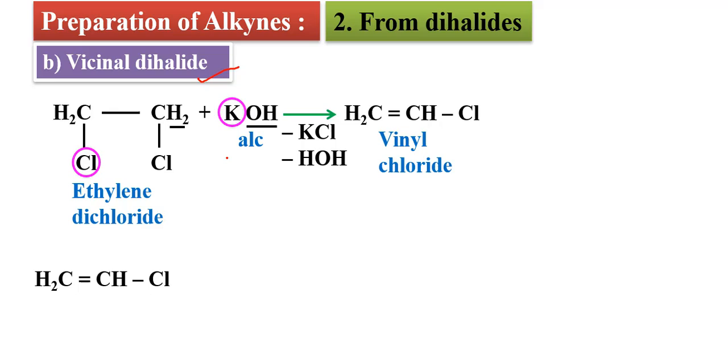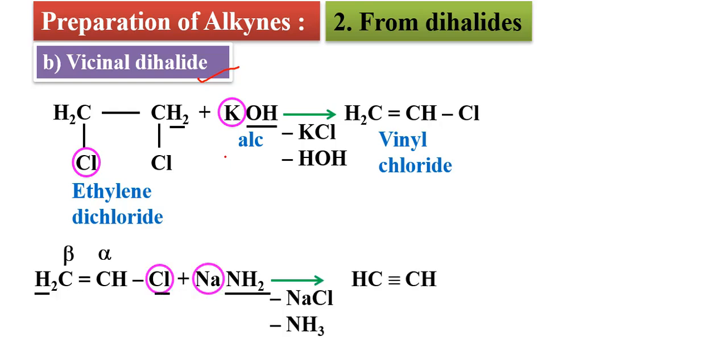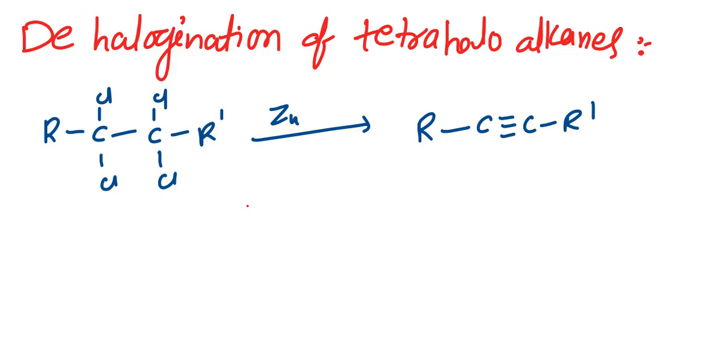This vinyl chloride again reacts with either alkali KOH or sodamide to give alkynes. You can see here sodamide. We can use alkali KOH also, but yield is less, that's why sodamide is more preferred than alkali KOH. The second time, if you want to remove only one HX, you can use only alkali KOH.